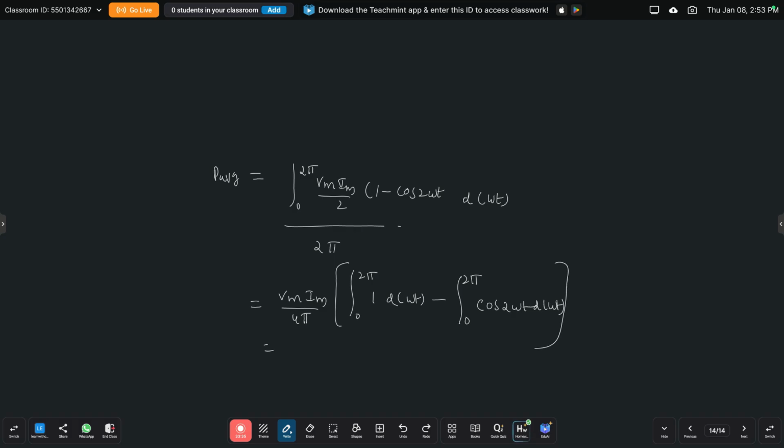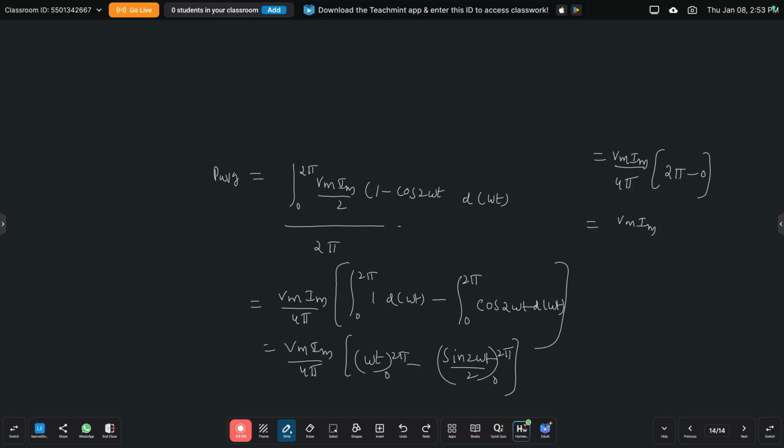Right. So what will you get? Vm Im by 4 pi times omega t, apply the limits 0 to 2 pi, minus the integration of cos 2 omega t, which is sin 2 omega t by 2, apply the limits 0 to 2 pi. So which is equal to Vm Im by 4 pi times 2 pi minus 0, giving Vm Im by 2.